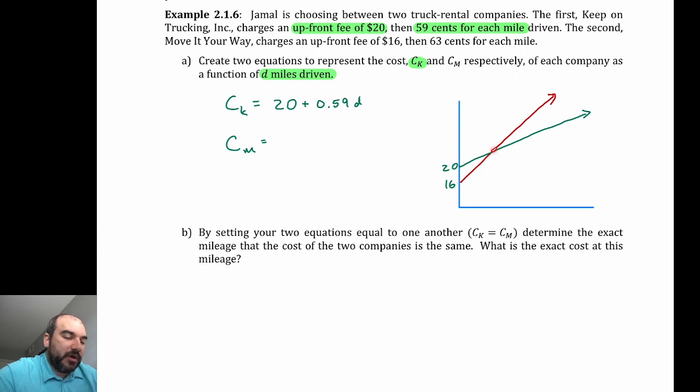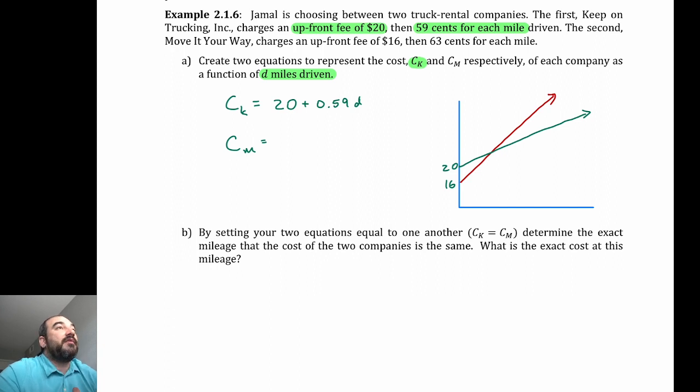And then after that certain point, the red company that was cheaper before is now more expensive because the line is higher than the green graph. So the green company would be cheaper if you were going to drive more than these many miles. The red company would be cheaper if you're going to drive less than those number of miles. All right. So you can do these kinds of evaluations if you're comparing two companies with initial fees and then 63 or 59 cents per mile.